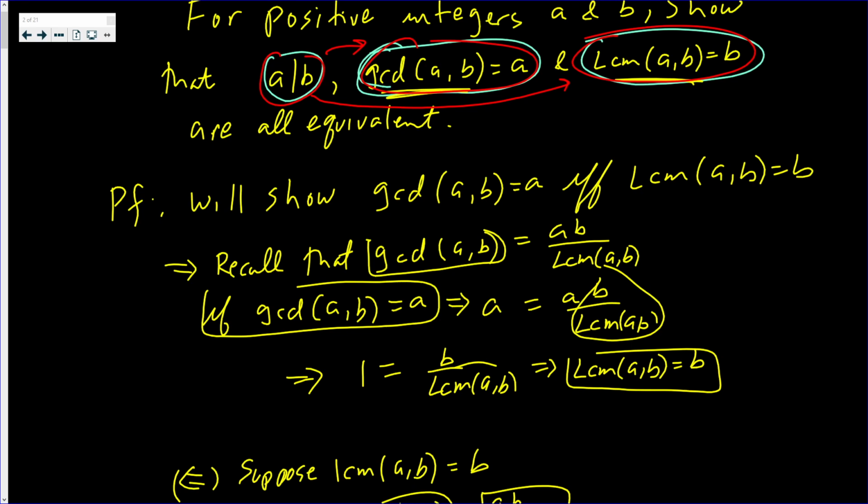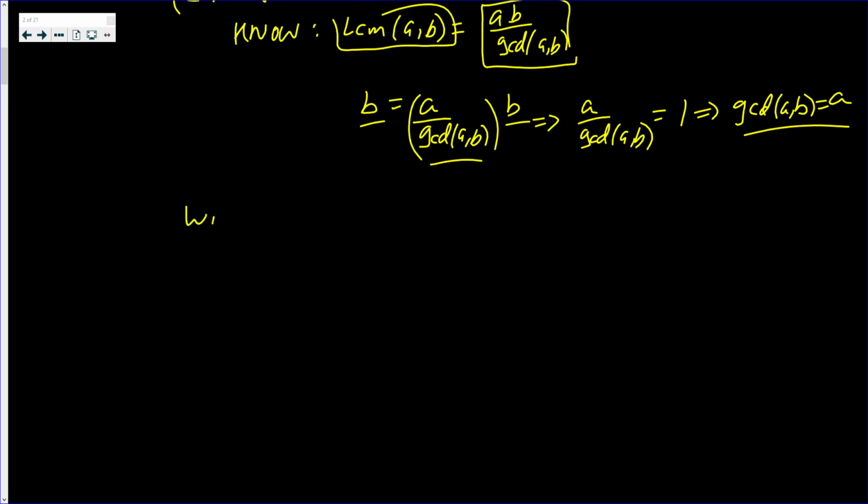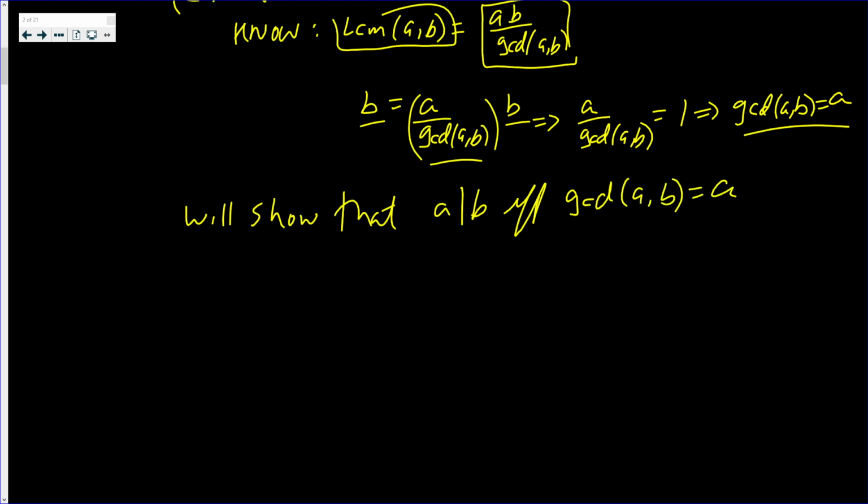Because if this middle one is if and only if the right and if and only if the left, then the left, a divides b, and the right, LCM of a and b equals b, they too are equivalent. Okay, so I will show that a divides b if and only if the GCD of a and b is a. Okay, so we go this way.